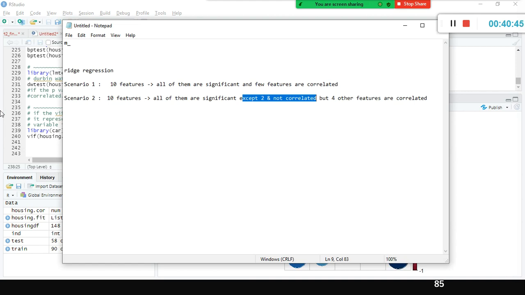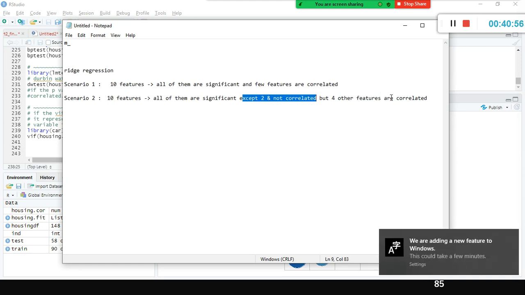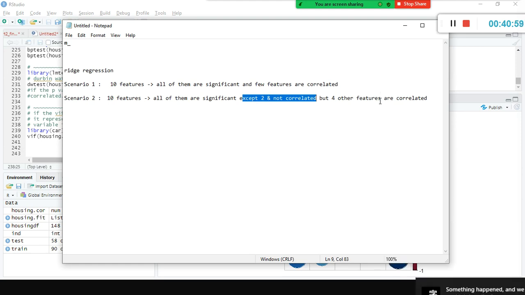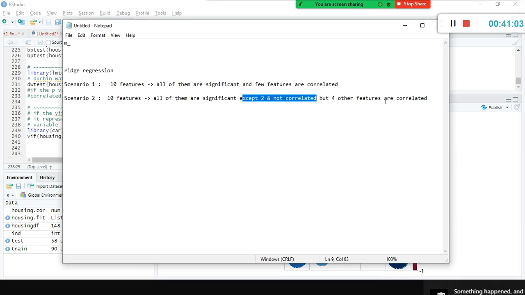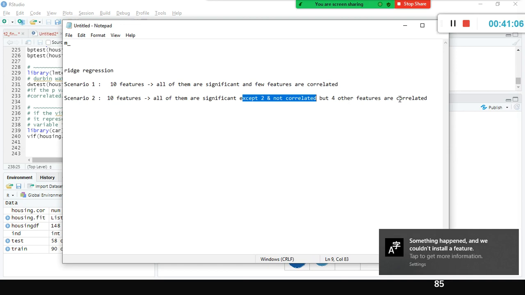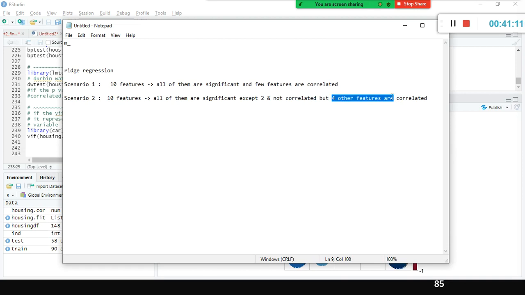No, I told you very clearly. These two are not at all correlated, but these two are not significant. But 4 other features are correlated, which are also significant ones. So that factor impacts, right? See, the 4 other features are correlated. No, I made it very clear. These 4 features are correlated, and it is nowhere correlated with this one. That's why I mentioned not correlated.